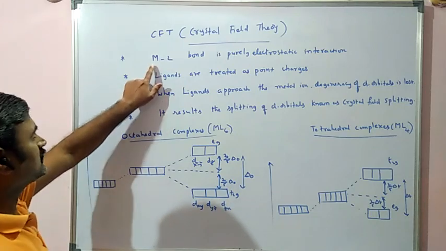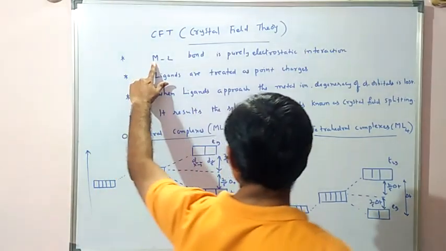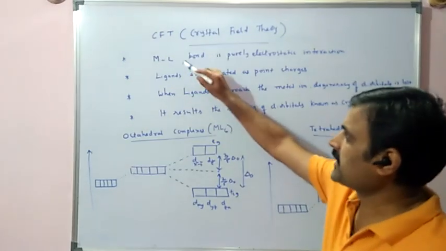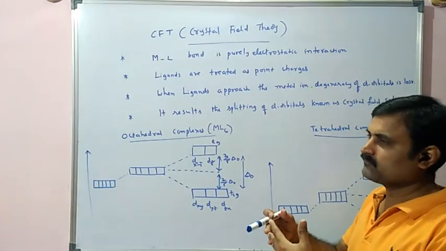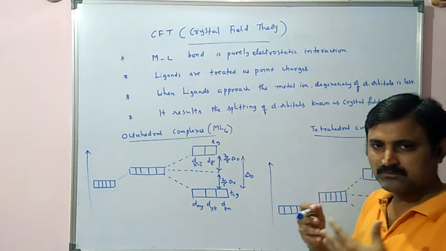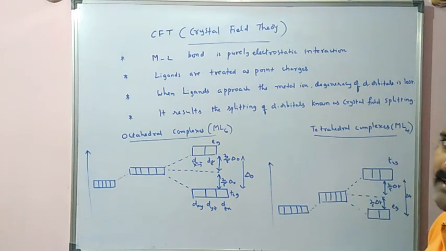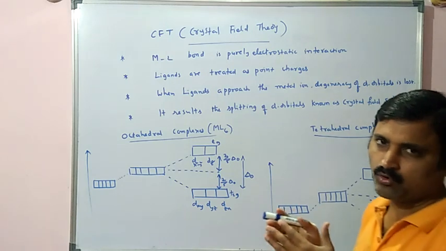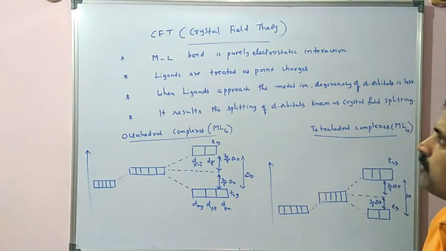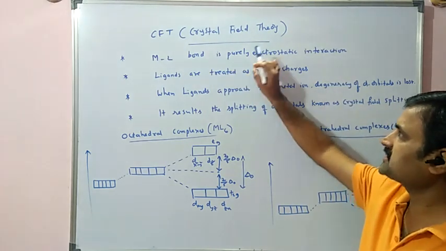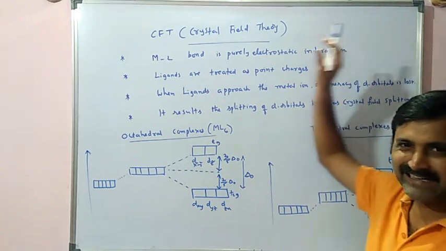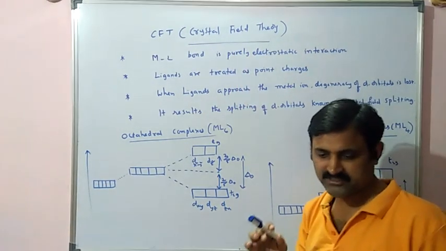In this theory, M stands for metal ion, L stands for ligand, and between them we are going to discuss the coordinate bond, or coordinate covalent bond, or dative bond. According to this theory, this bond is purely electrostatic interaction, is the assumption.